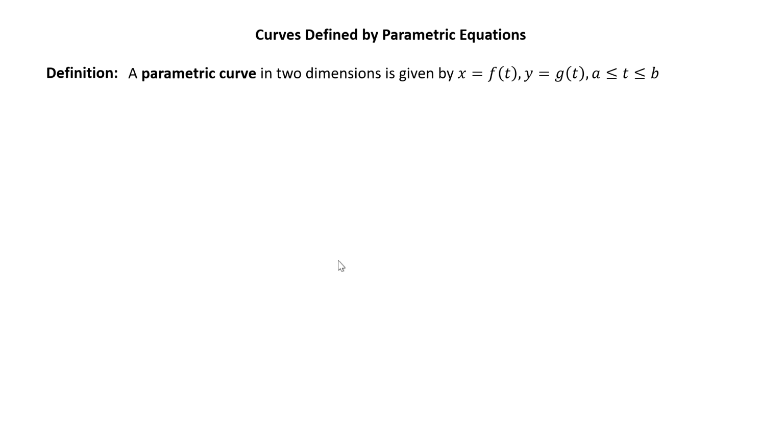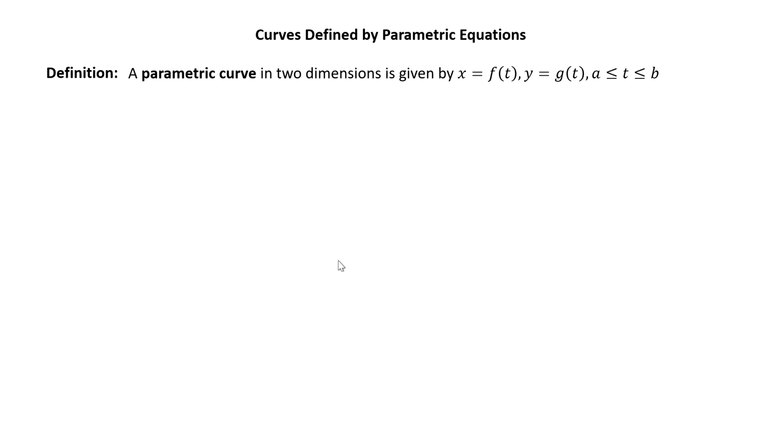That's the whole idea. Up until now, we looked at graphs of y equals f of x or x equals f of y, right? And y equals f of x, that curve is something that passes a vertical line test, whereas x equals f of y passes a horizontal line test.